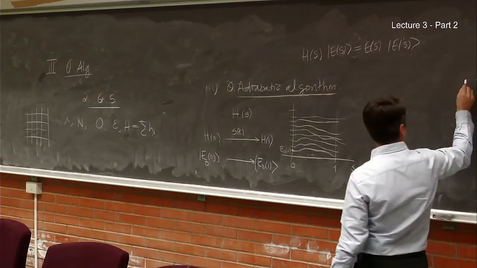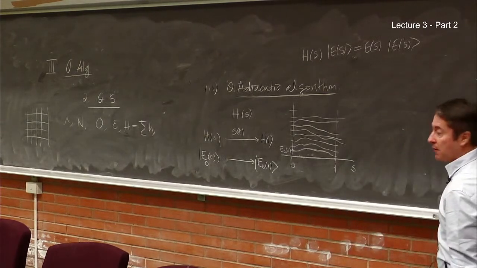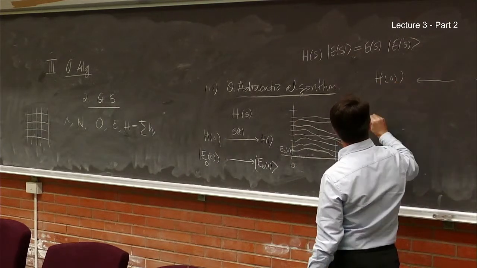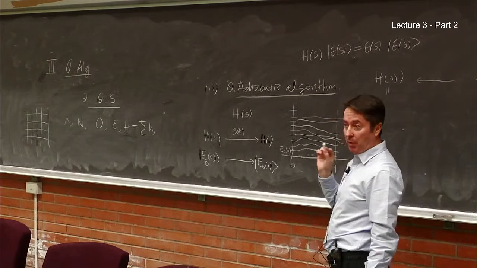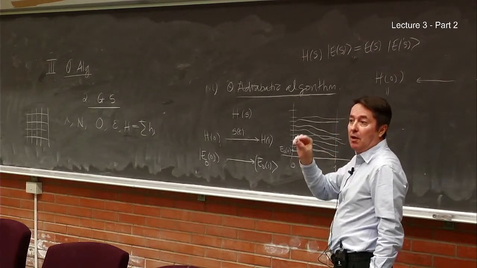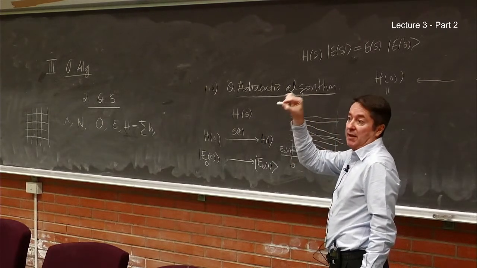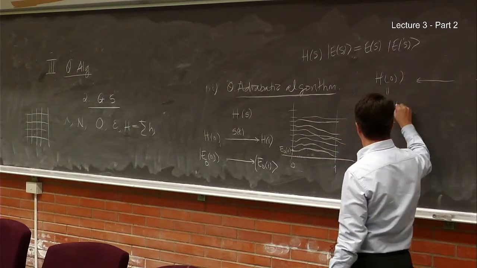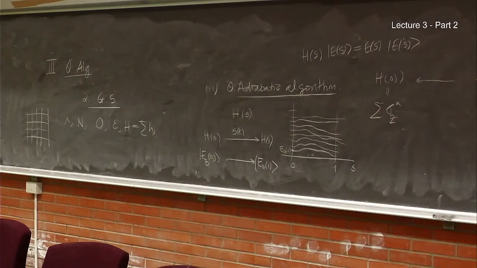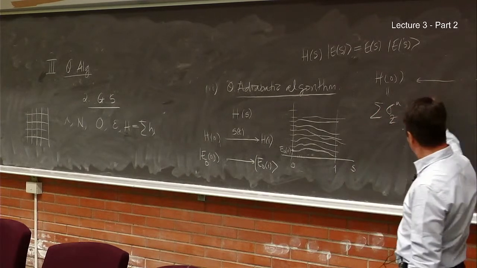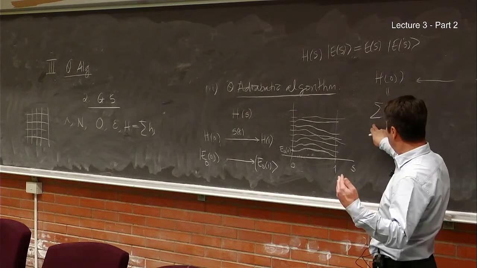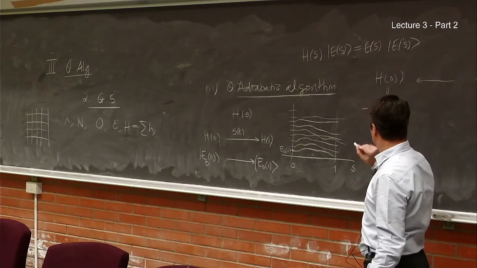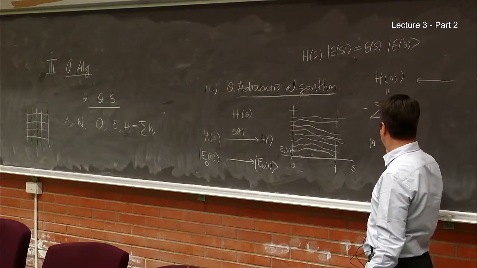If I find some path in the space of Hamiltonians that connects with some H of 0, which is a Hamiltonian that is very simple, for example, a non-interacting Hamiltonian, a sum of single qubit terms like sigma z, then what you can do is prepare in your quantum computer the ground state of this, so it's all zeros.